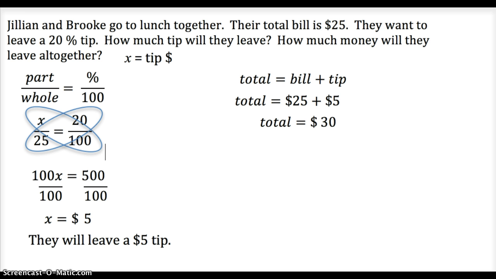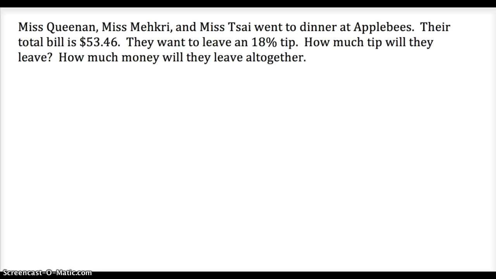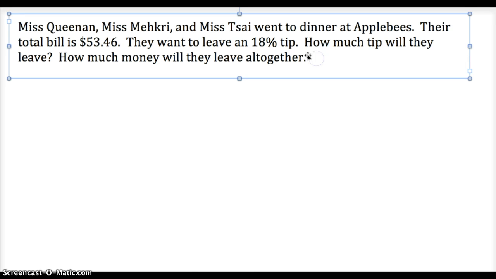Okay, so let's make it a little bit harder and use some bigger numbers. The next problem says, Miss Queen and Miss Meckery and Miss Cy went to dinner at Applebee's. Their total bill is $53.46, and they want to leave an 18% tip. How much tip will they leave, and how much money will they leave altogether?